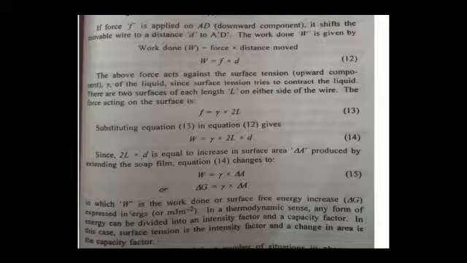The surface tension applies an upward component. Surface tension tries to contract the liquid. There are two surfaces, each of length L, on either side of the wire.